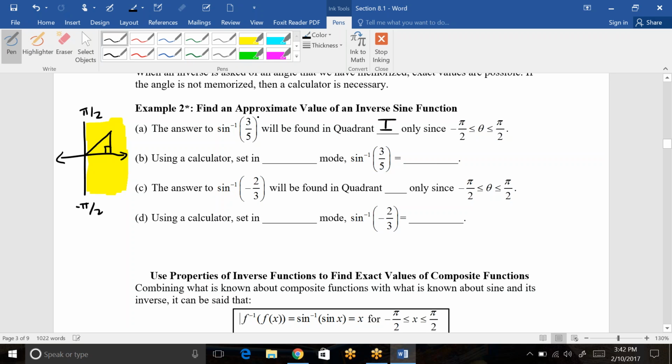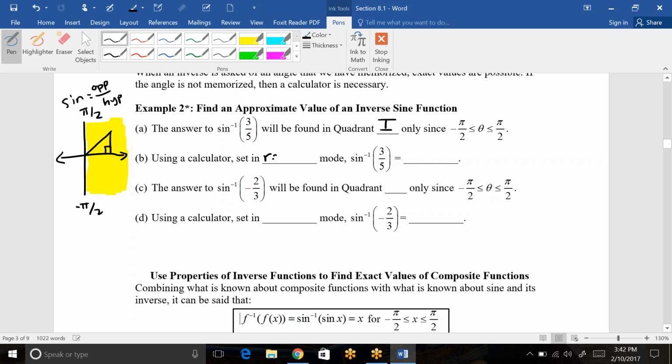With opposite over hypotenuse, the hypotenuse is always positive, so that doesn't matter, because our hypotenuse is always positive in all of our triangles. But this is one possibility for opposite. The other would be down here. Down here the y's would be negative, so that would mean that the fraction would have to be negative. So we are going to be going with quadrant 1.